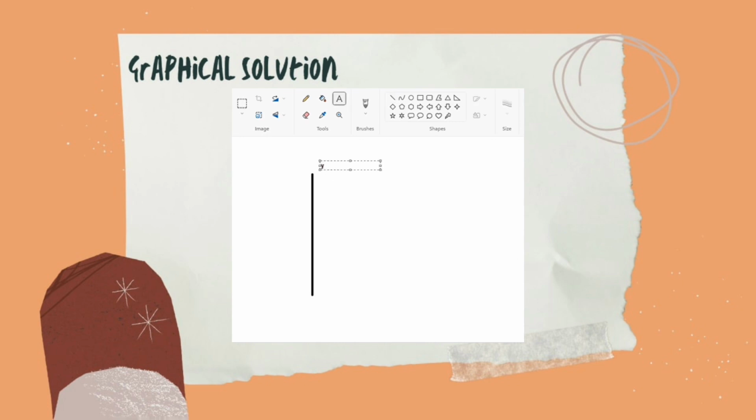Next, we need to do a graphical solution. Y-axis represents the cost, and x-axis represents the time in years.